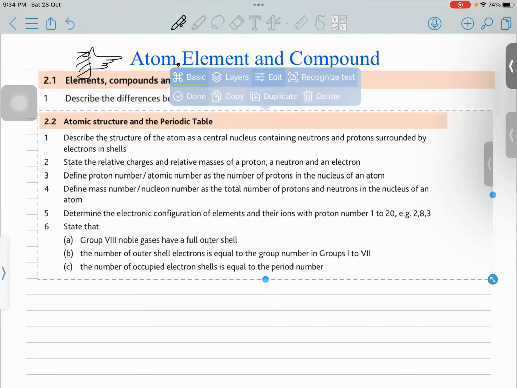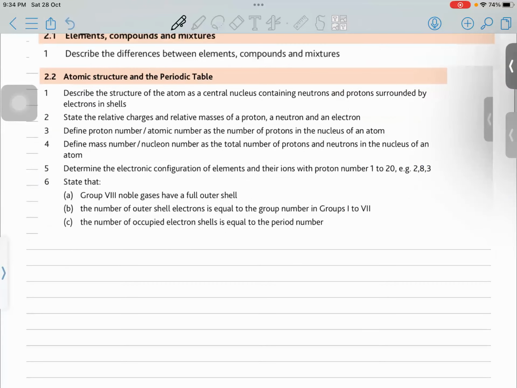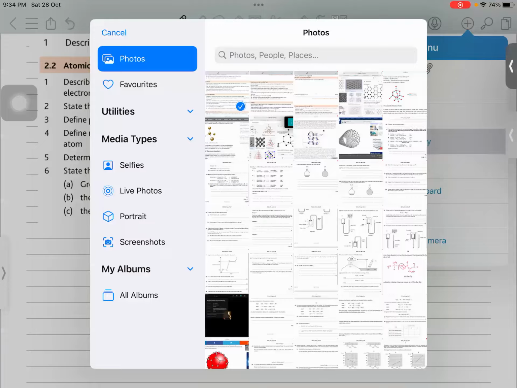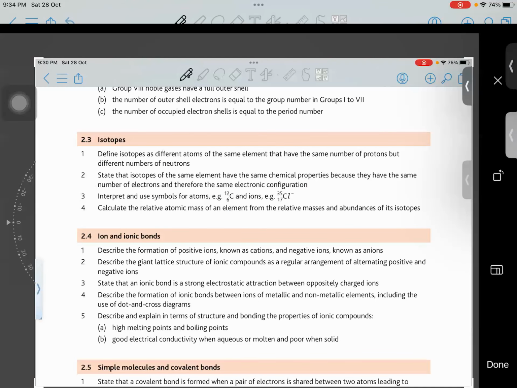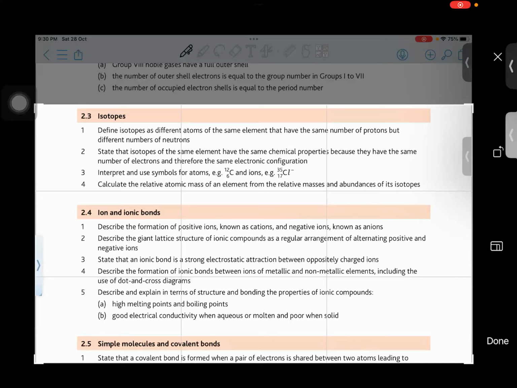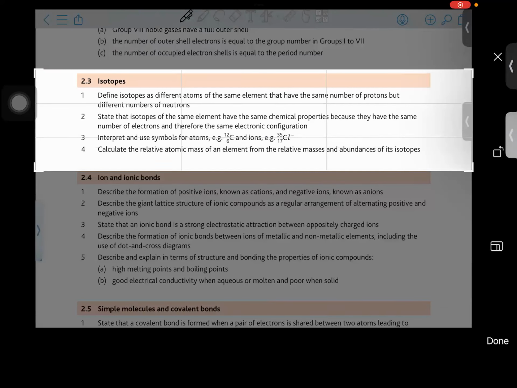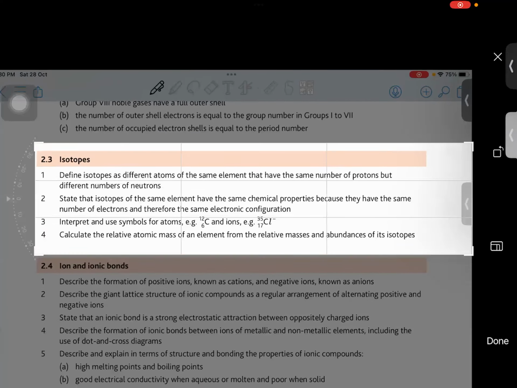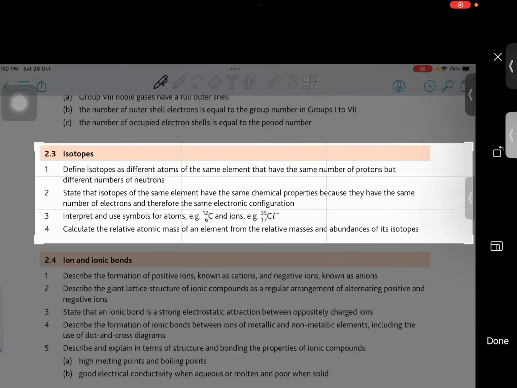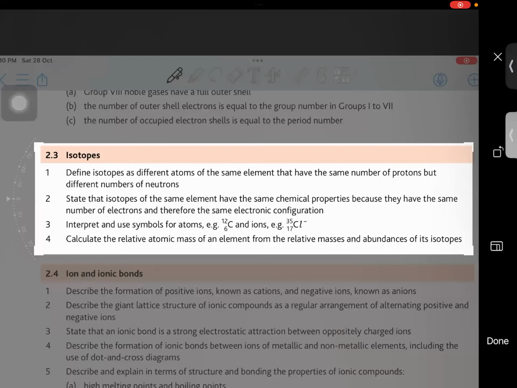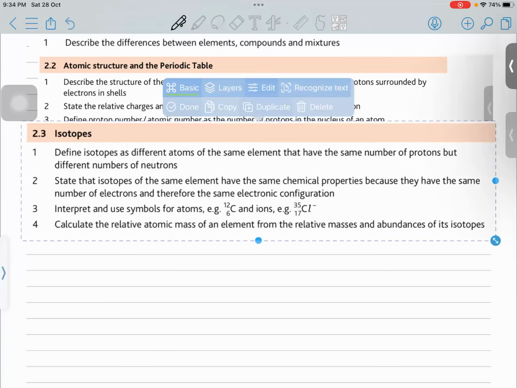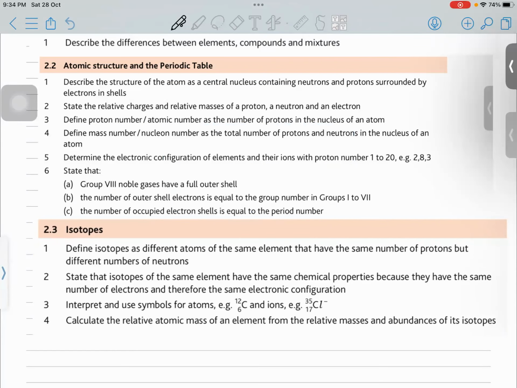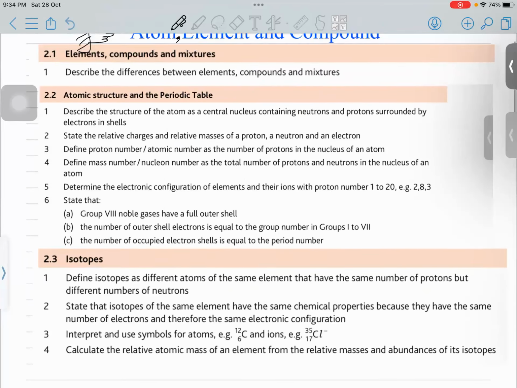This is atomic structure and the periodic table. This is the last part, isotope. So this is our syllabus of atom, element, and compound, right?